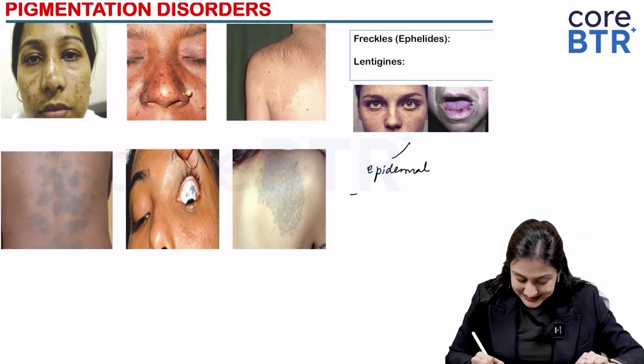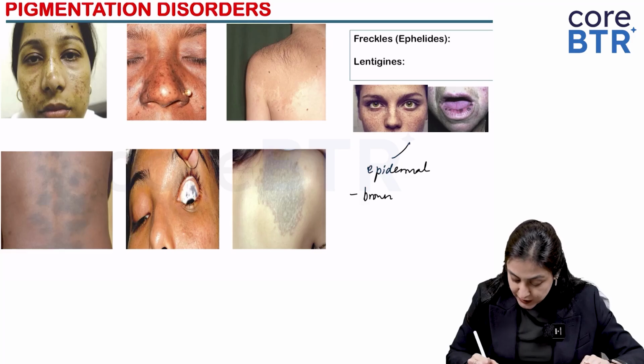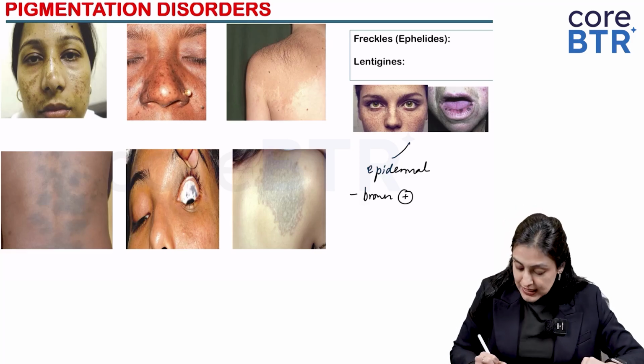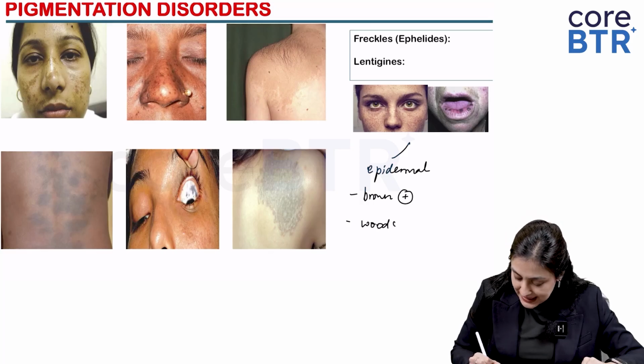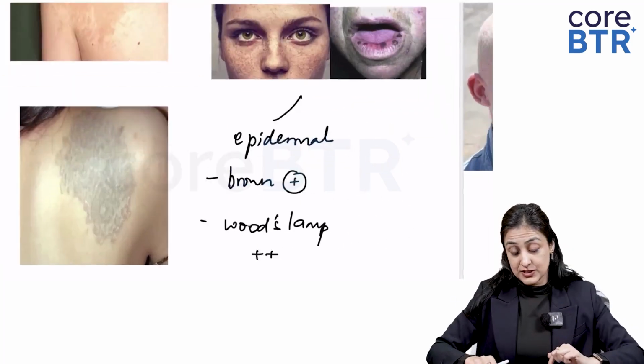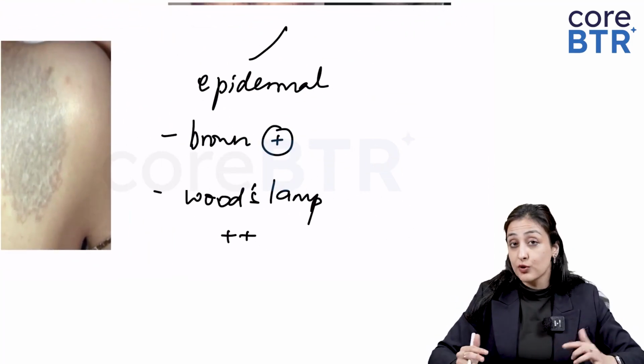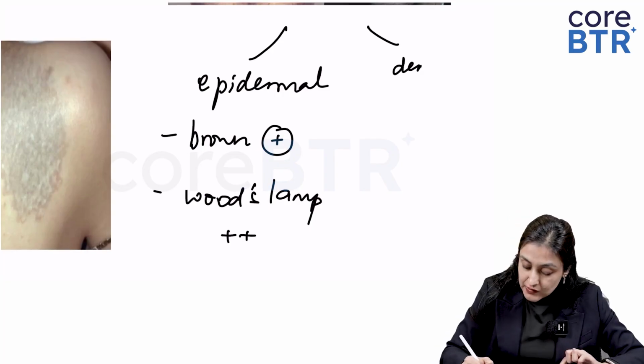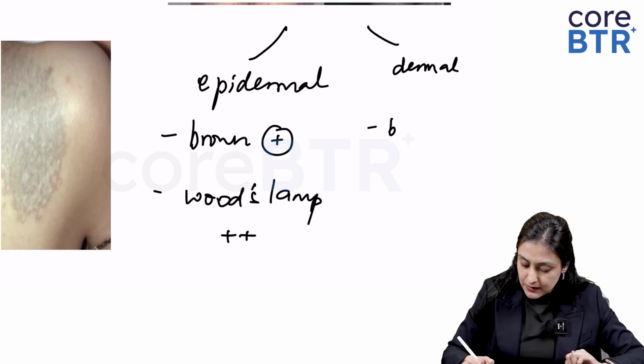Two things: one, it looks brown, as brownish macules. And second, if you do a Wood's lamp, you are going to see that they are exacerbated. They'll be more prominent.